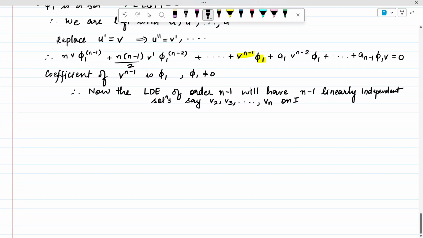So for x naught belonging to I, some point in the interval, we will now define uk of x as integral x naught to x vk. How could we define this?